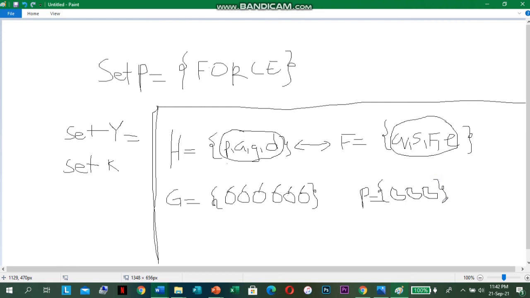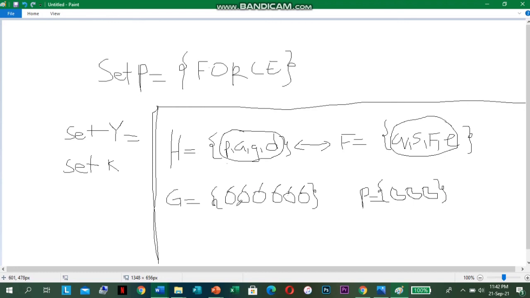So you are going to look at both sets and tell me if they are equivalent. And if you say that they are equivalent, that means you are so incorrect. They are not equivalent sets.